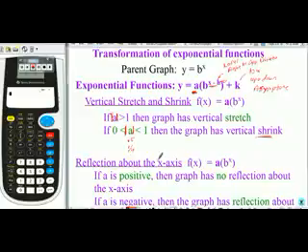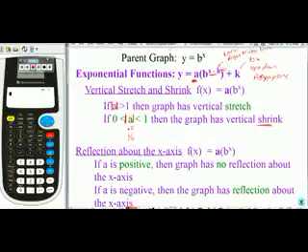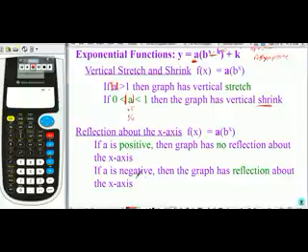I can have a reflection about the x-axis if my a is negative. So if a is negative, then the graph has a reflection over the x-axis. What this means is my regular exponential growth function would look something like this.